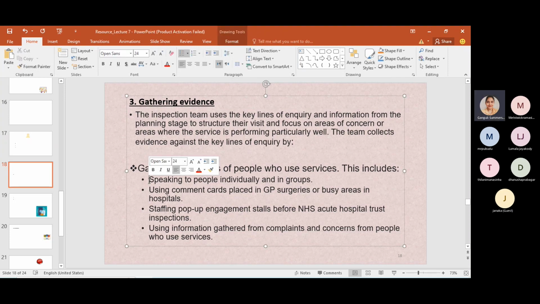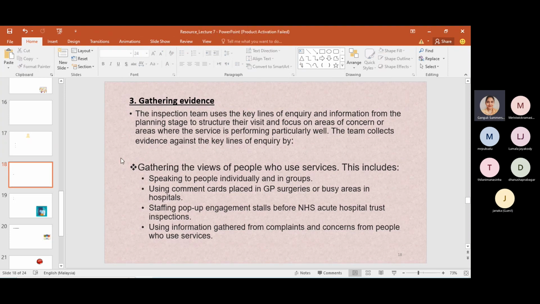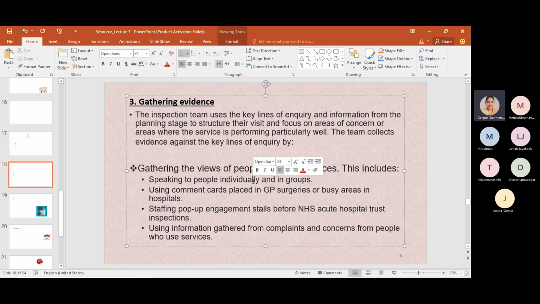The inspection team will speak to people individually or in groups. Sometimes the team will use comment cards placed in hospitals, in which you can write your comments.